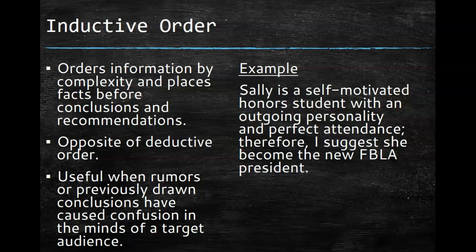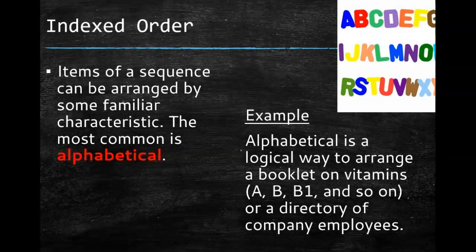So because of that, I suggest that she becomes the new FBLA president. So it changes the order from what we saw on the previous slide to tell you why first, and then what the suggestion is. And you do see on here, it says that this is useful when rumors or previously drawn conclusions have caused confusion. So they're telling the why first to eliminate that confusion.